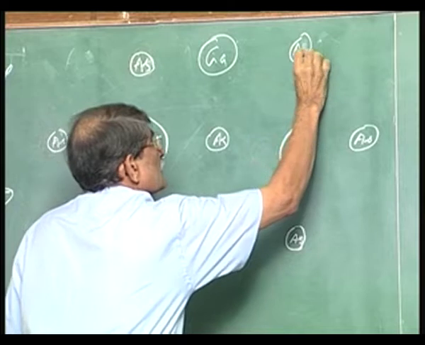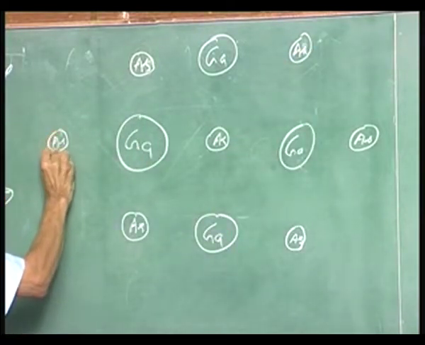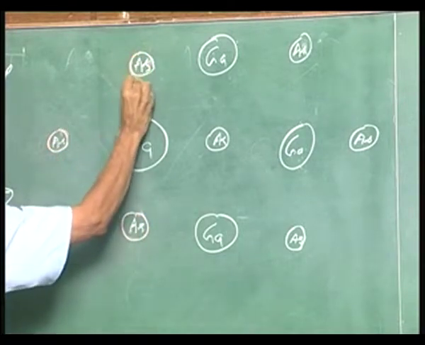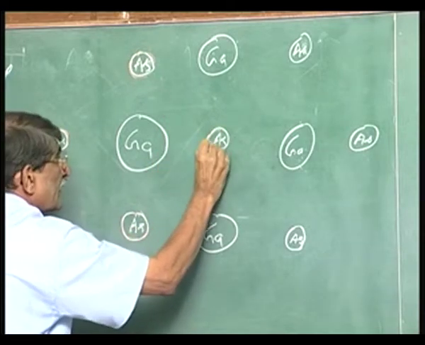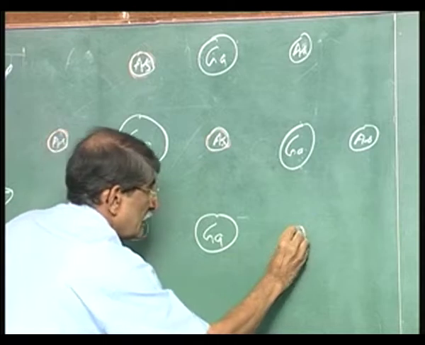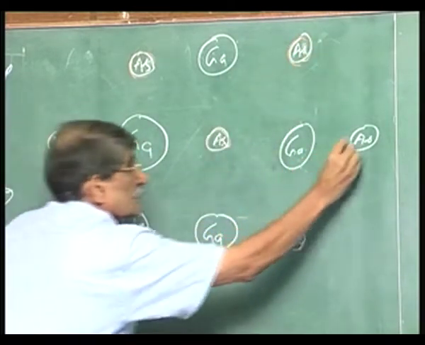If you want a slight difference in color, you can put that, to make it visible that it is arsenic here, here, here and here.